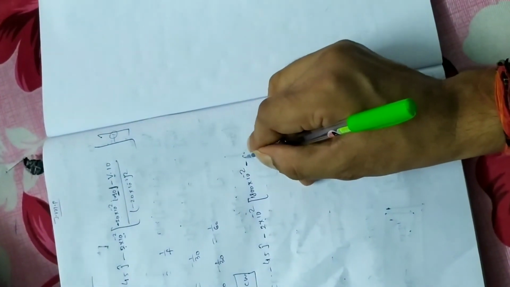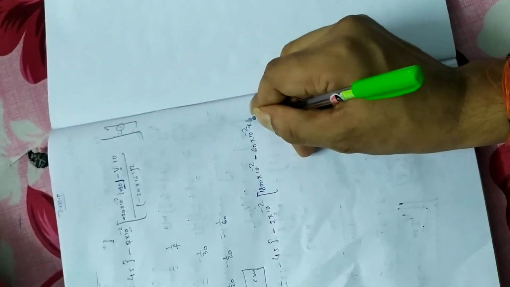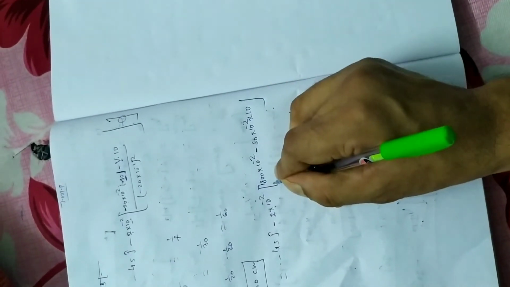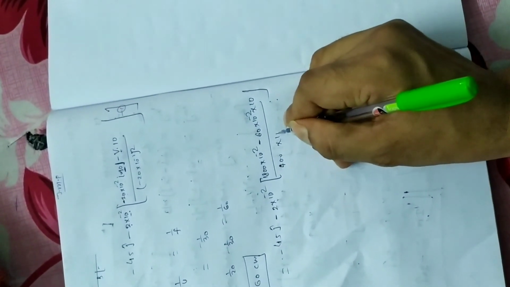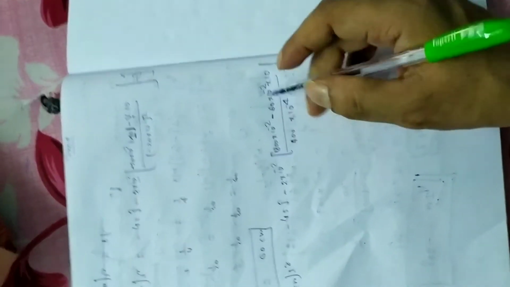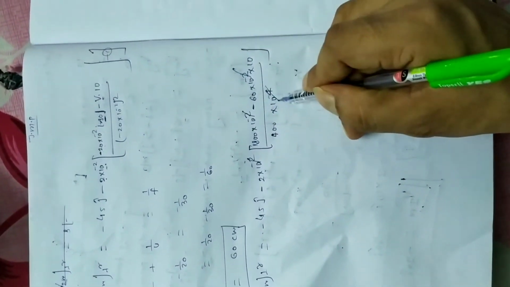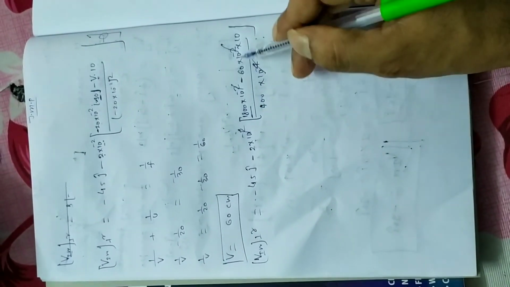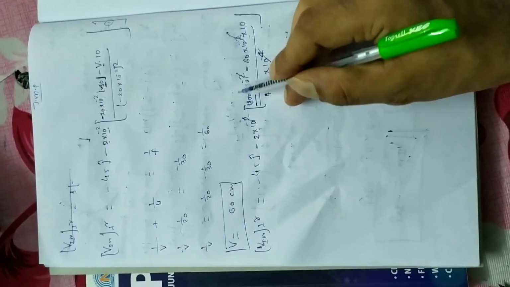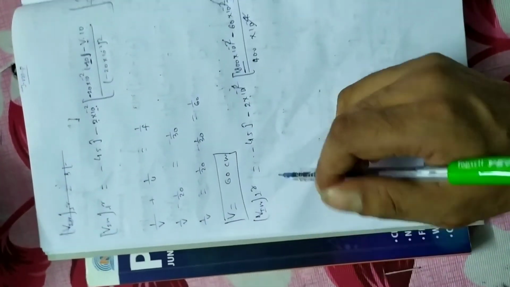So put here 60 into 10 to the power minus 2 into 10, divided by the object distance, this whole square, which becomes 400 into 10 to the power minus 4. We can take this calculation, this one gets cancelled out. So this becomes 1800, this becomes 600, so finally 1200 by 400, which becomes 300.